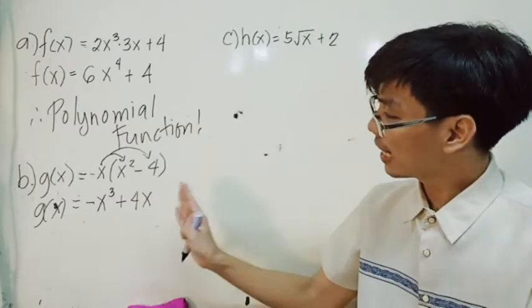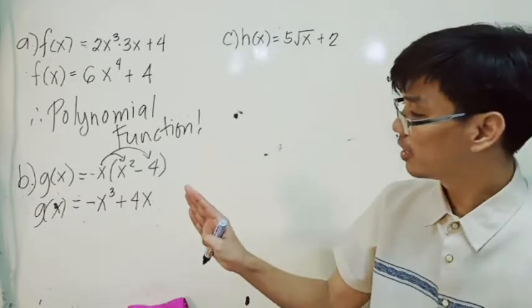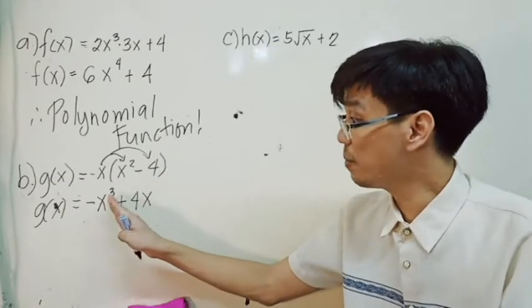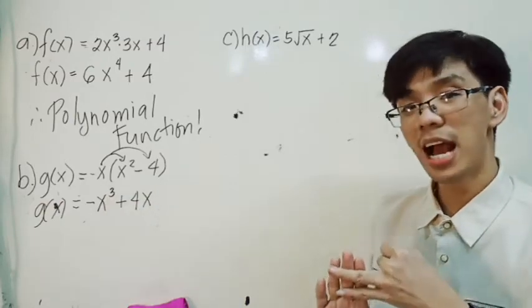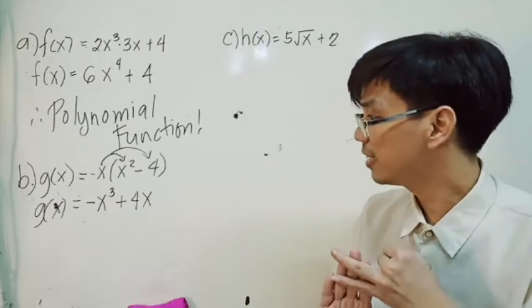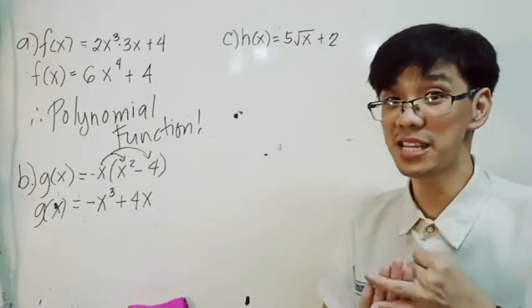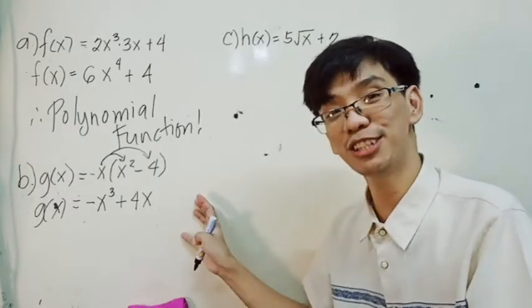Now, let us look at whether this is a polynomial function. First, it has a variable with positive integer exponents. Next, someone may say they cannot see any constant. Yes, there is no constant, but that doesn't mean that this is no longer a polynomial function.